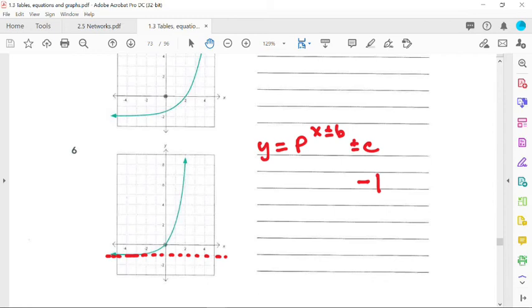Okay? Now, where on this one is the graph 1 unit above the asymptote? 0, 0. Right there. Which tells us that we're not going to get from our point.